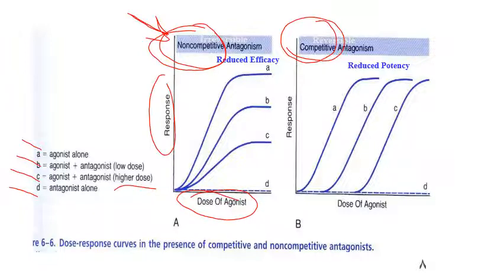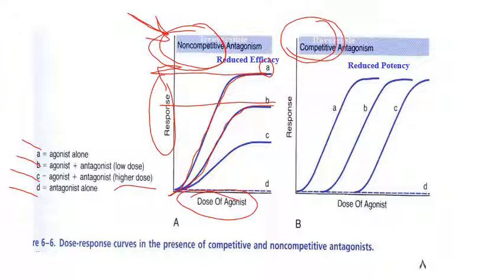In the first case, there is agonist alone, so there is no non-competitive antagonist, so increasing the dose will increase the response, and we will get the maximum response. In case B, where there is agonist plus antagonist in low dose, and here it's non-competitive, irreversible, even with the highest concentration that we can get, we cannot achieve the maximum response, because some of the receptors are already occupied by a non-competitive or irreversible antagonist.